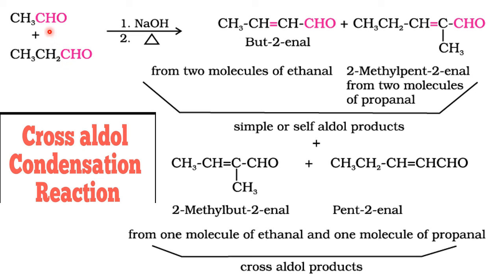These are permutations and combinations. So here we don't get the exact products, but a mixture of products. See here, 1, 2, 3, 4. Four products are formed in the container, which is very difficult to separate. Then you have to go for boiling point, melting point, or other separation techniques.